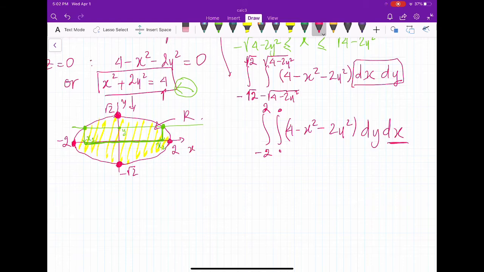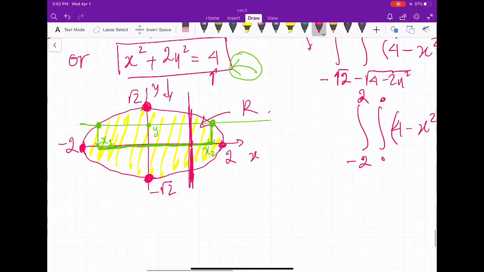If we fix x, I will make some line in here. Make sense? Because I fix x right here. So I make some vertical line. And that vertical line will intersect with the ellipse at 2 points. I need to find the y coordinate of this point and this point. So this is y1, that is y2. I need to find y1 and y2.